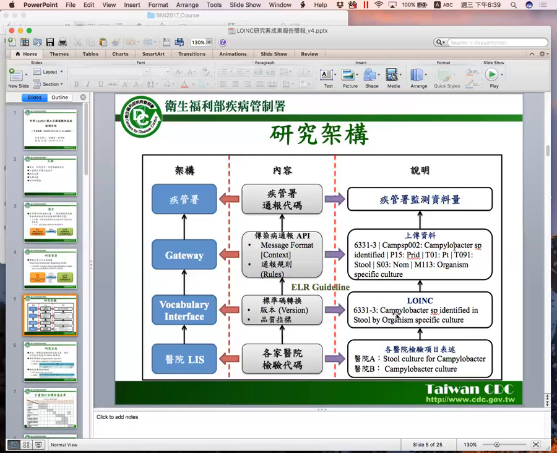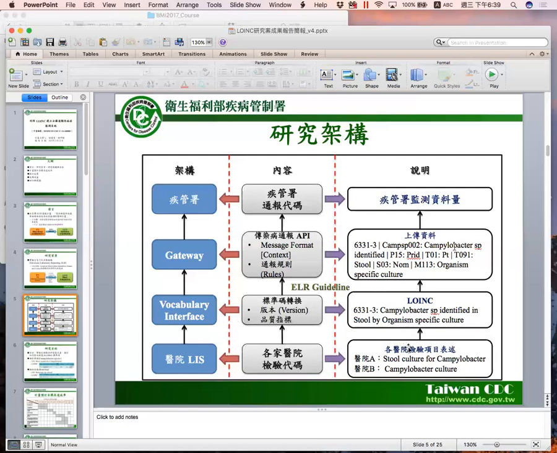Then actually the perfect result is the same thing, they all use the same LOINC code and send it to CDC. But the truth is, it is not always that the same thing uses the same LOINC. Then we need the evaluation. So we have an expert committee, and I'm one of the committee.